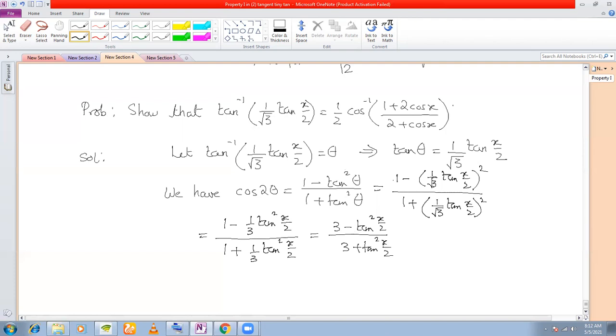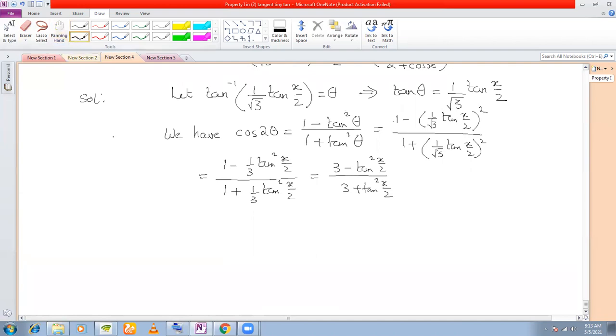Now what you see here, that the right hand side, if you see this expression, is in terms of cos, but here we are getting in terms of tan, isn't it? So again, in place of tan square x by 2, we put it in terms of cos. That is, tan square x by 2 is what?